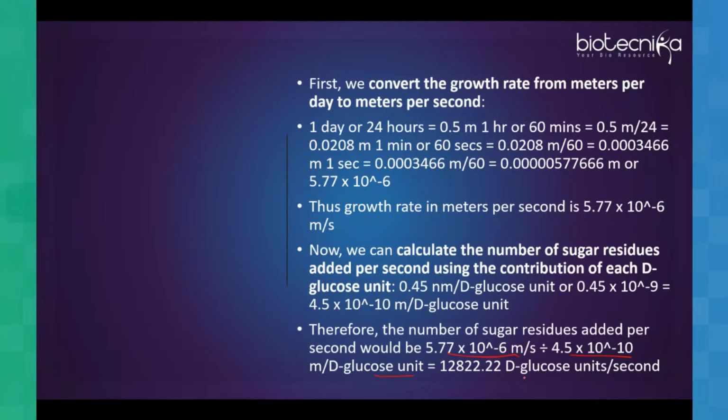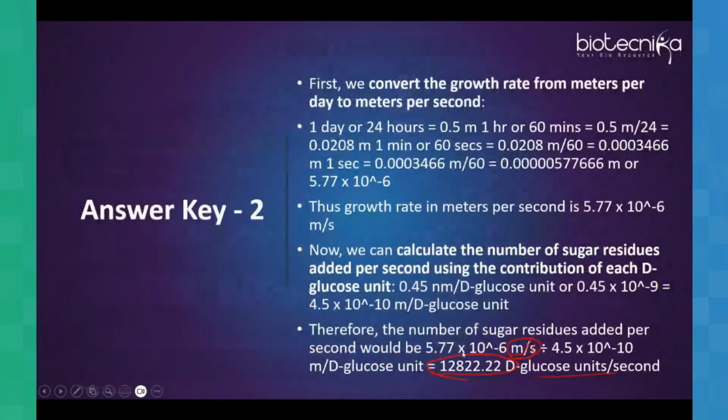Basically they have given the distance and the rate, that is distance per second, so it is like speed. With a slight rearrangement you can easily calculate it. So 12822.22 is the answer. This is quite close to option 2.